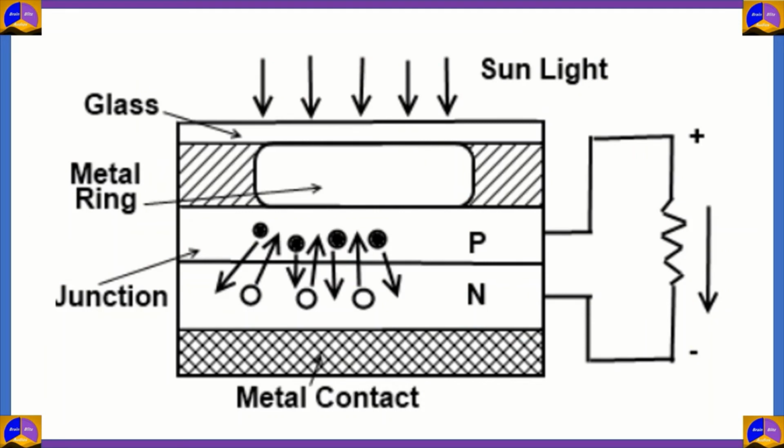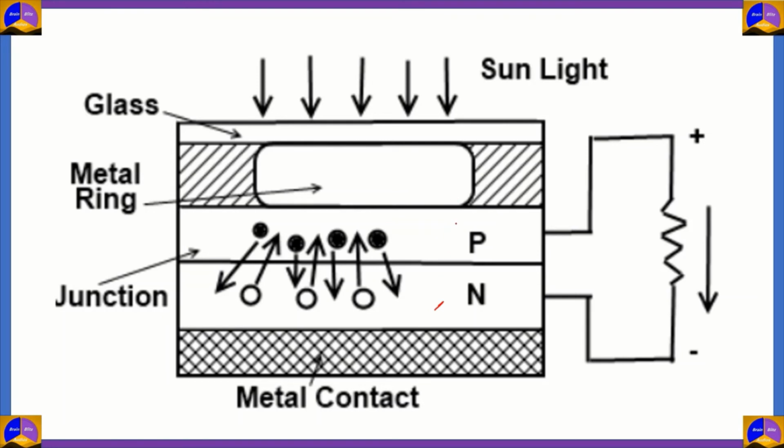And if you look at the diagram, you can see that the top part of the solar cell, this shiny bit, is made out of glass, and you have a metal rod which is placed on top of the P side. So this is the P side and this is the N side, so you have a p-n junction. The sunlight from the glass directly hits the p-n junction diode because the P layer is extremely thin with respect to the N layer.